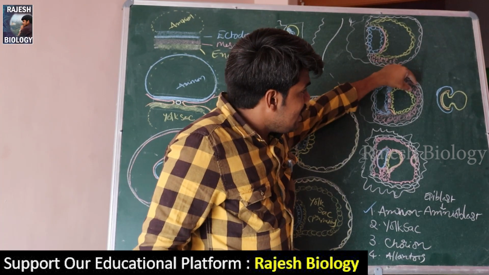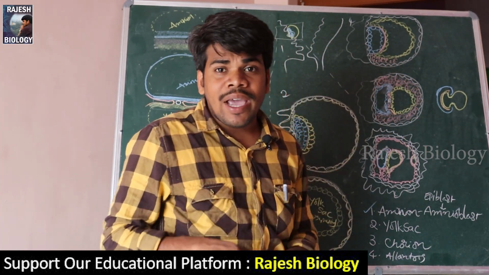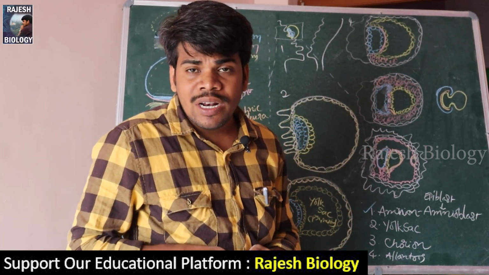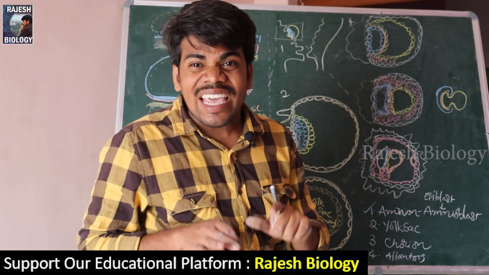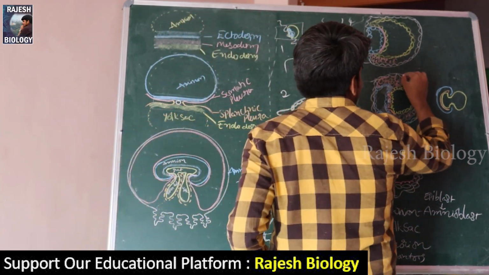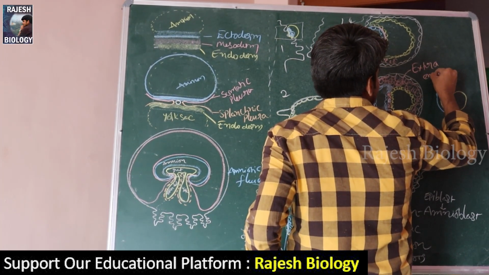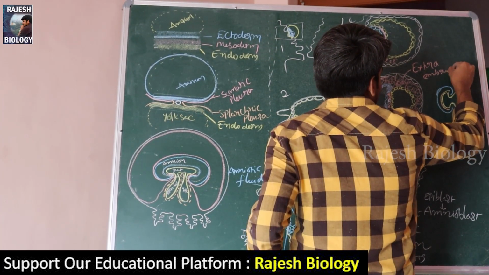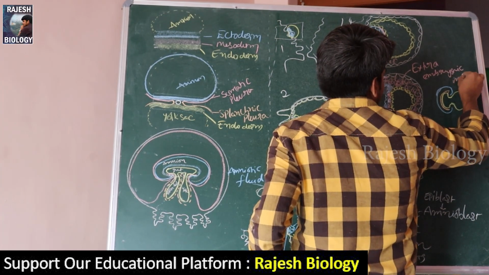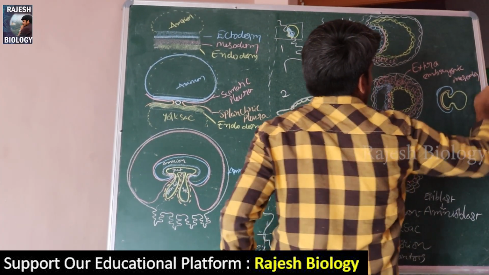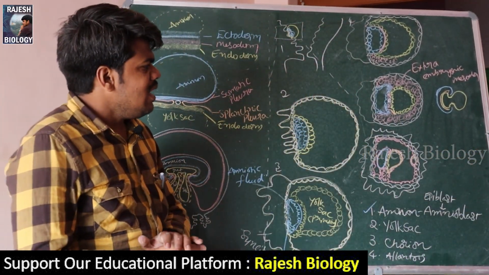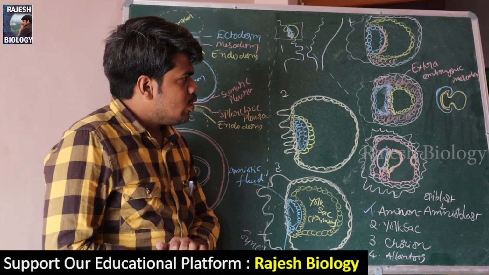This space is filled by many mesodermal cells, and it is actually the extra-embryonic mesoderm. It is called extra-embryonic mesoderm because it is present outside the embryo.